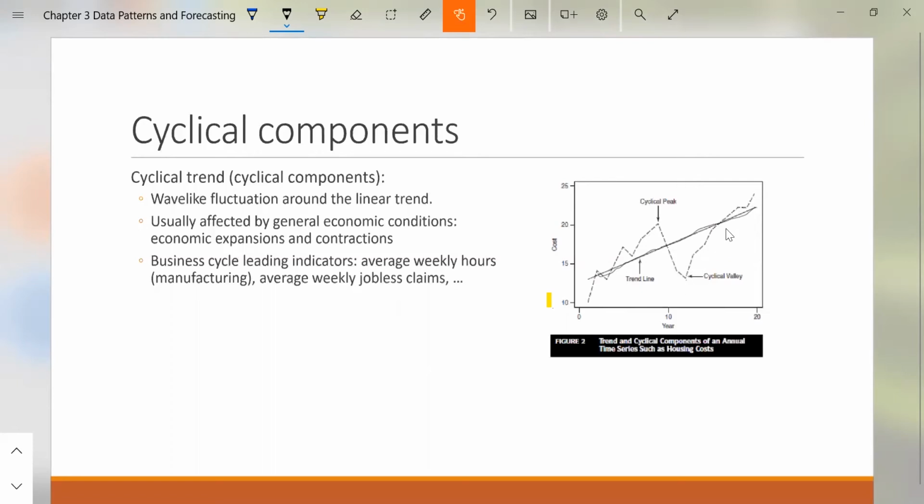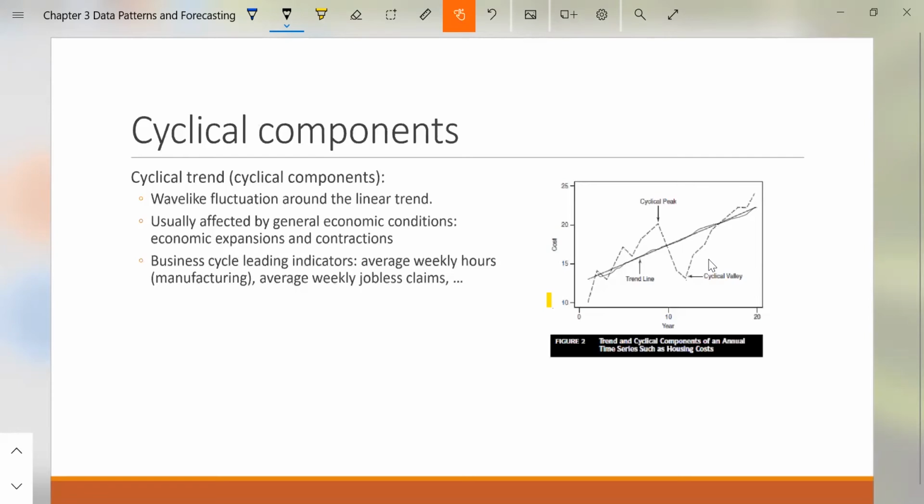So this may reflect the economic cycle, or sometimes we call business cycle, meaning that the economy in the country or even over the whole world usually goes up and down, going up into a peak, and then the economy is going down slowly, sometimes even go into recession.